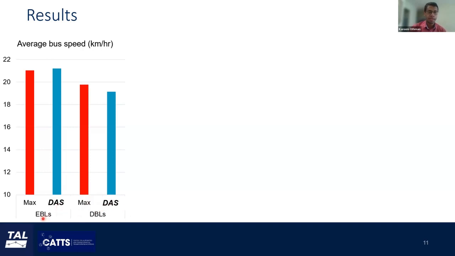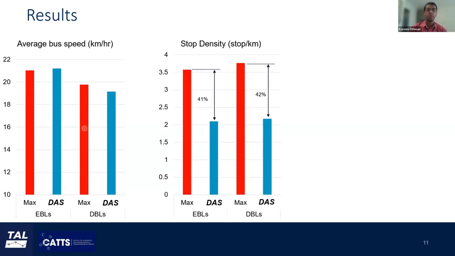And we can see that across the exclusive bus lanes and dynamic bus lanes, the driver advisory system is achieving the same speed as traveling at the maximum speed. But when we talk about the stop density, which is the number of stops per kilometer, we will see that the driver advisory system is achieving way lower stop density as a result of the reduction in the intersection stops. It's around 40 to 42% reduction in the stop density.